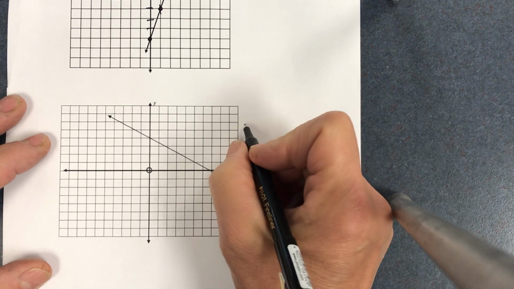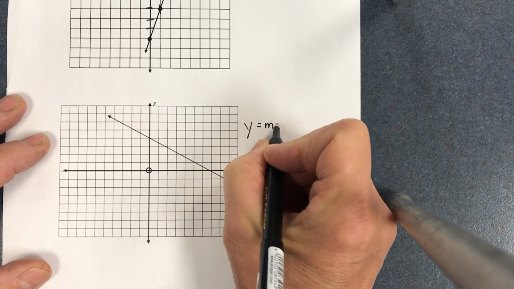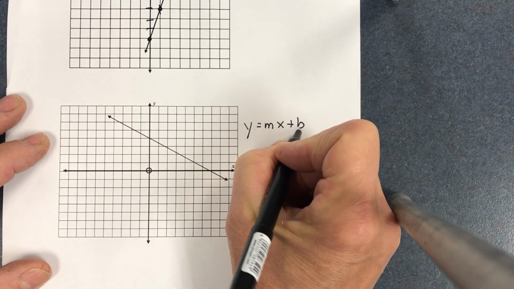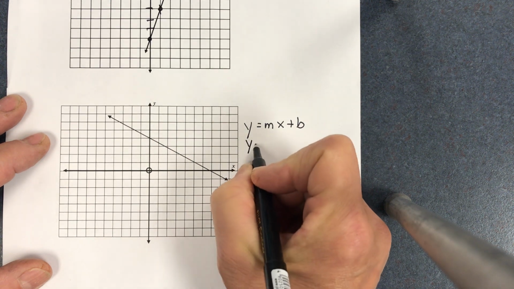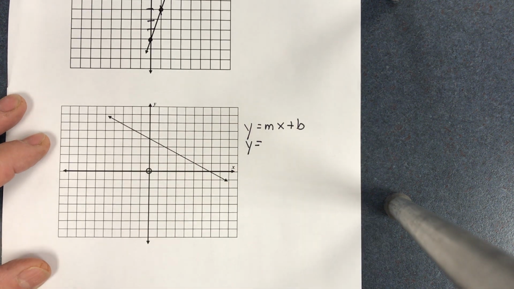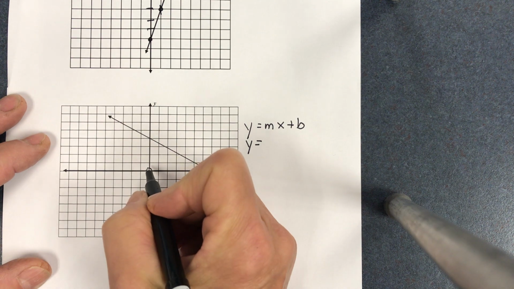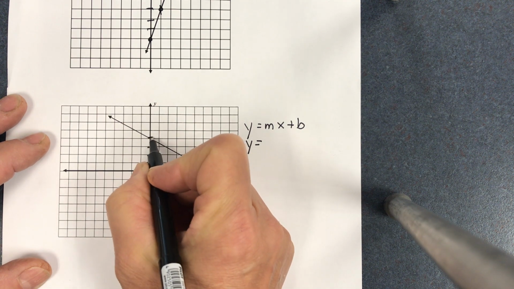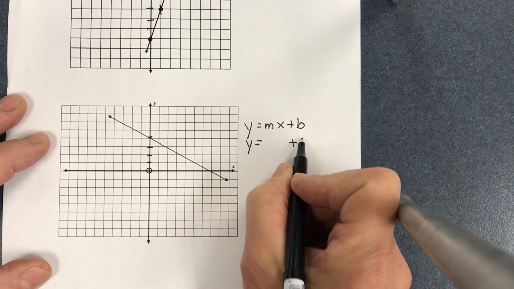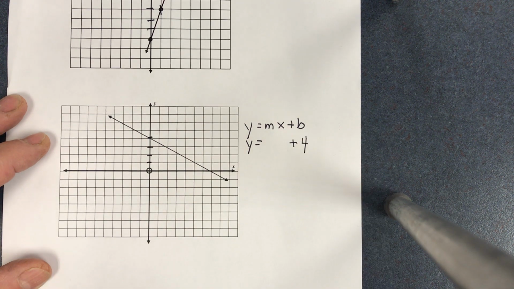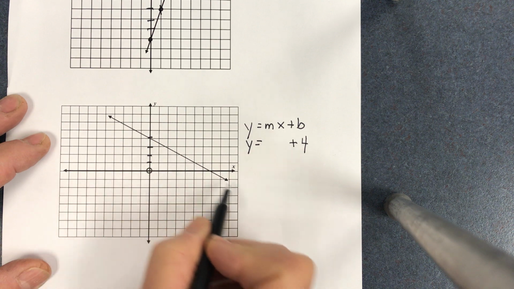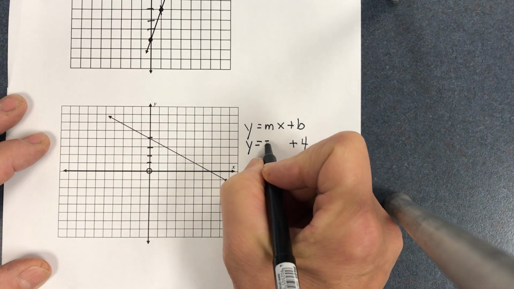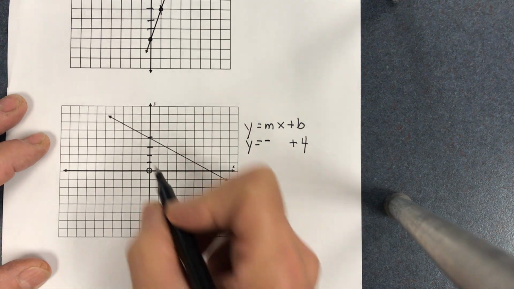Again, formula, y is equal to mx plus b. Y is equal to, I always check to see where it crossed over the y-axis first, and it crossed over at 1, 2, 3, 4. It crossed over at +4, and now I'm going to count my slope. Notice the line's going downwards, so I can tell you right away my slope is negative.